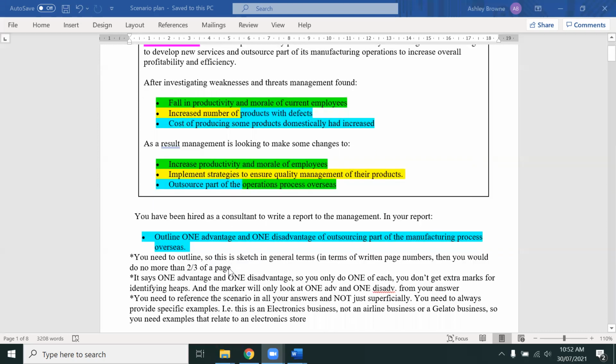So for the first question, it says outline, and usually with a scenario, not always, because I think the 2012 and 2013 scenario questions in the HSC had a holistic question, but since then I've seen, looking up, that they're all these dot points, and there's often 3 of the dot points. Generally they'll go over 2 business functions in the HSC, and they're not the 2 business functions that are used for question 26 and 27.